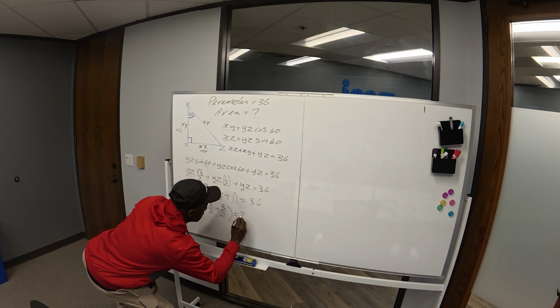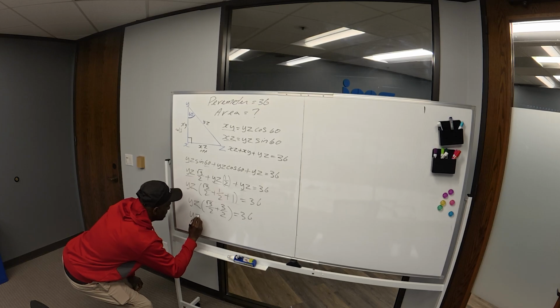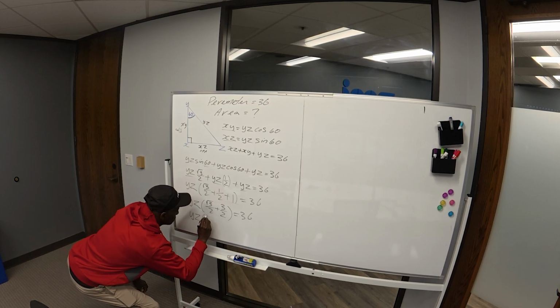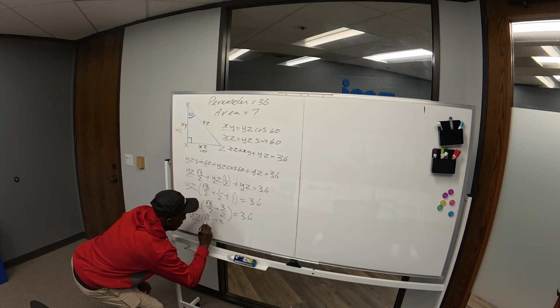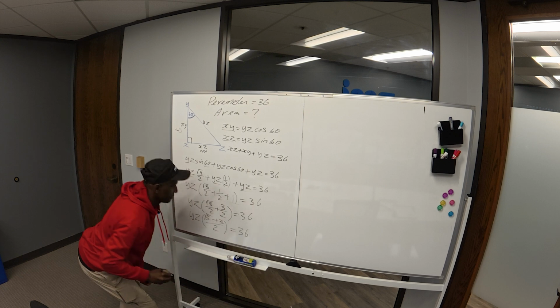And we can further say YZ outside of square root of 3 plus 3 over 2 is equal to 36.